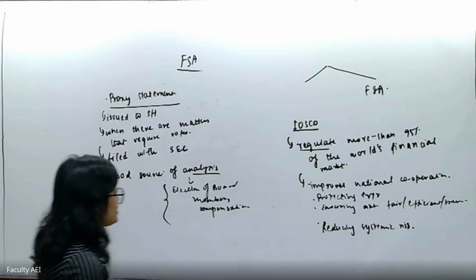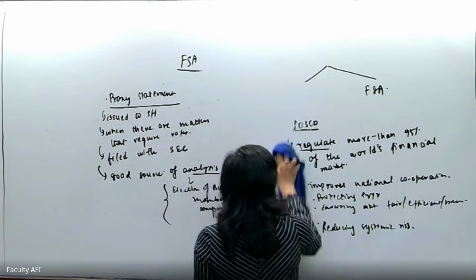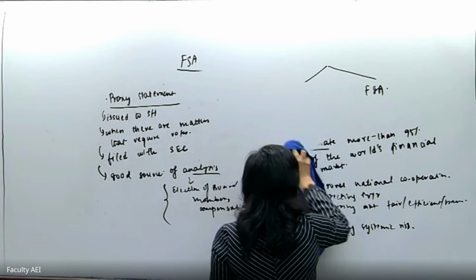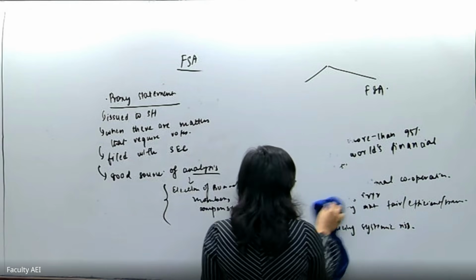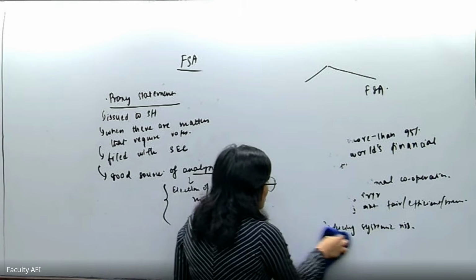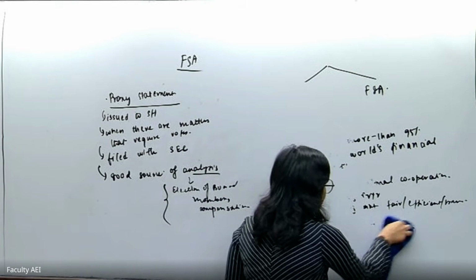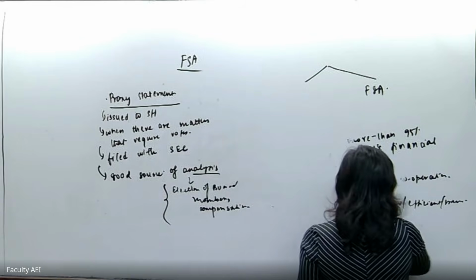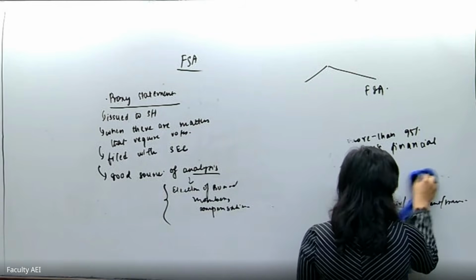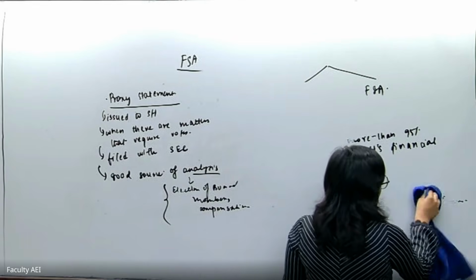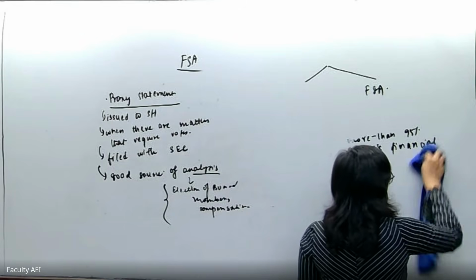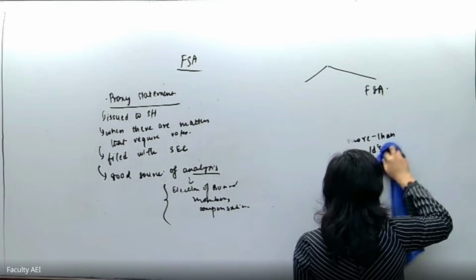Next is financial statement notes or footnotes. Now, there is a lot of information about the financial statements which you may not be able to present in the balance sheet. Let's say you have a contingent liability, that if so and so person defaults, I would have to pay rupees 2 lakhs for that person.